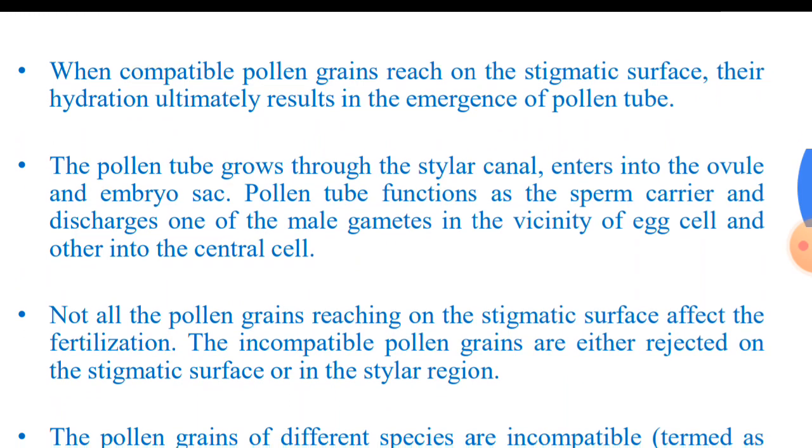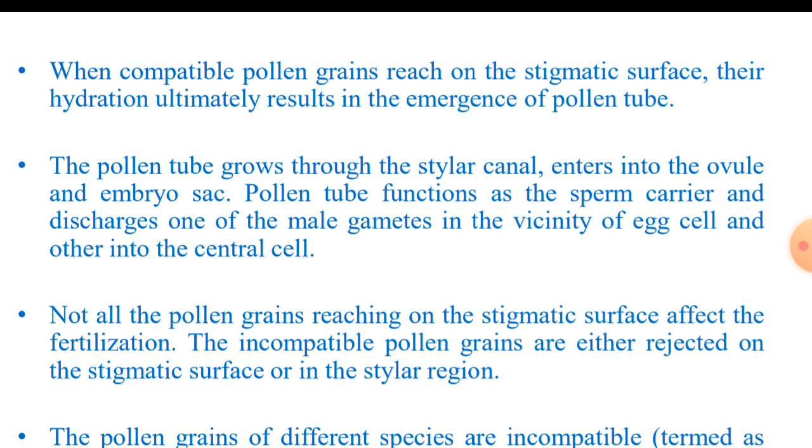Only compatible pollen grains germinate when they reach the stigma. The incompatible pollen grains may reach the stigma, but they do not germinate at all, or if they germinate, the pollen tube is inhibited in the stylar region.